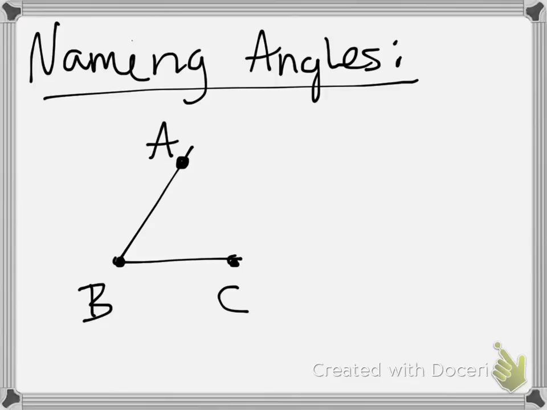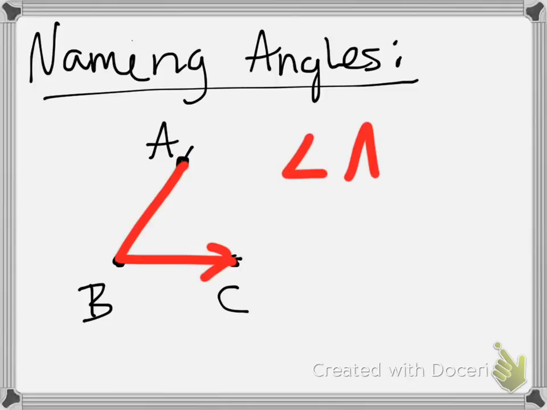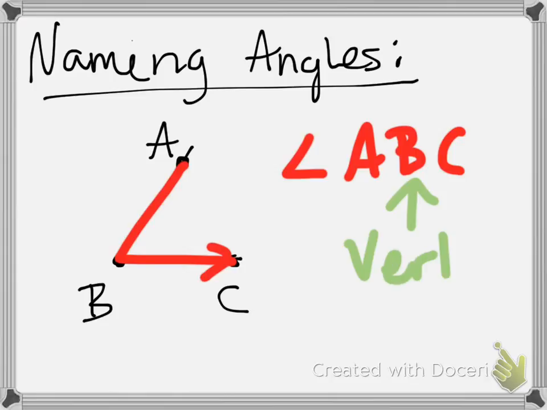So if I start at A and go to B and then to C, I would call it angle ABC, using that symbol. Understanding the fact that this center point right here has to be the vertex, which is the point where the two lines meet. So that's how we name angles.